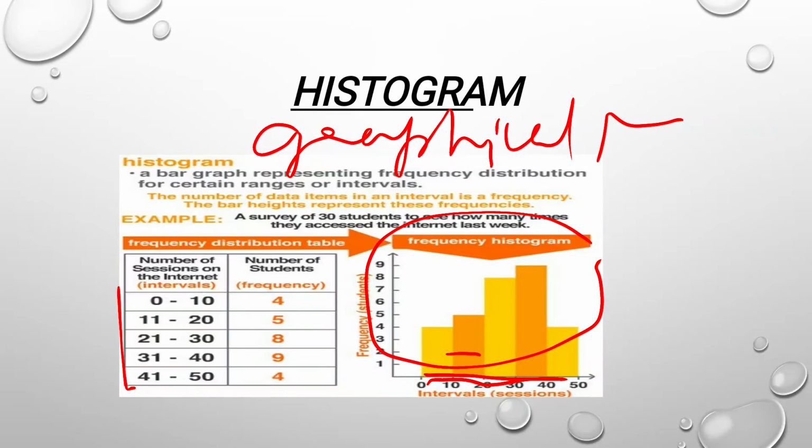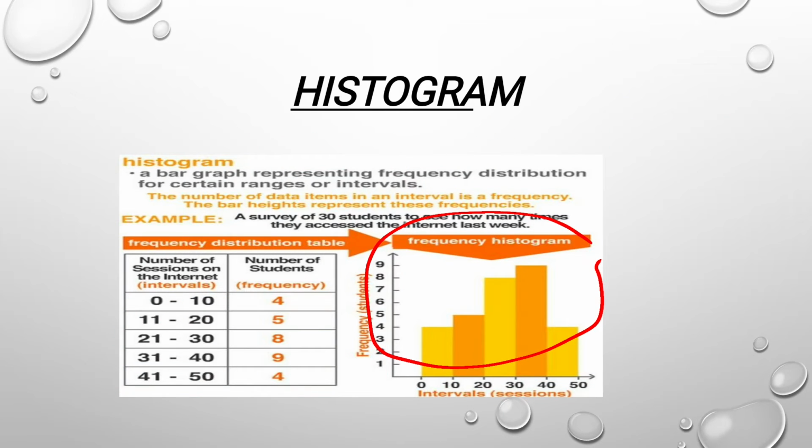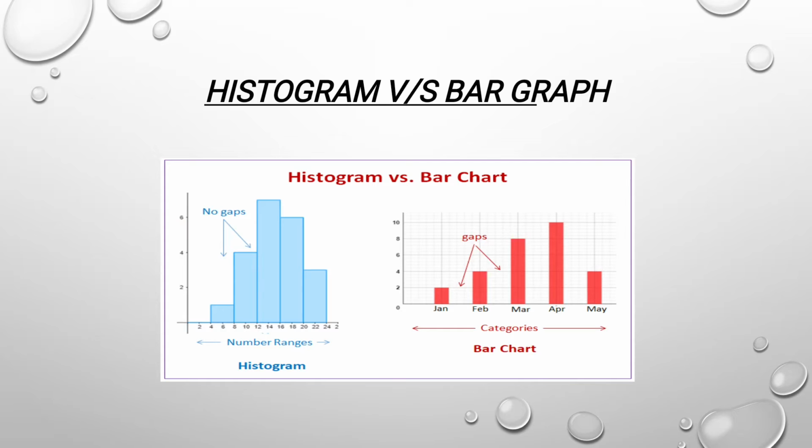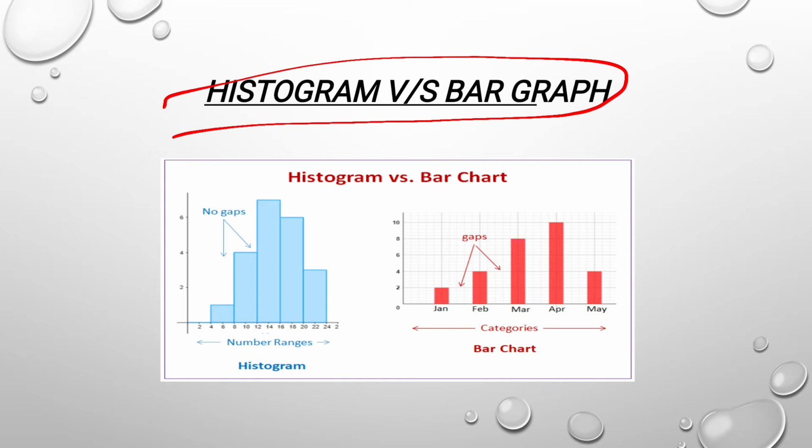A histogram is a graph which is used to represent a data set which is continuous in nature, right? Next, histogram versus bar graph. We have already discussed the bar graph in previous classes.